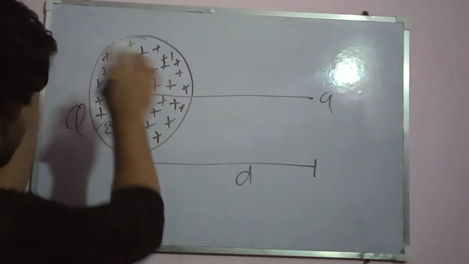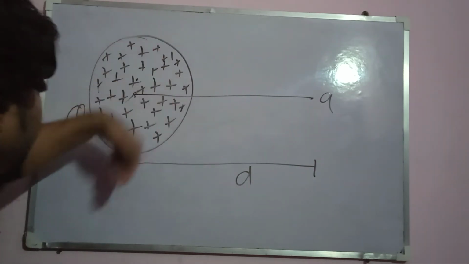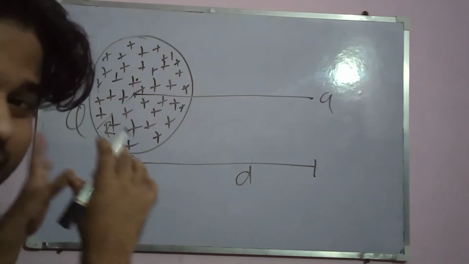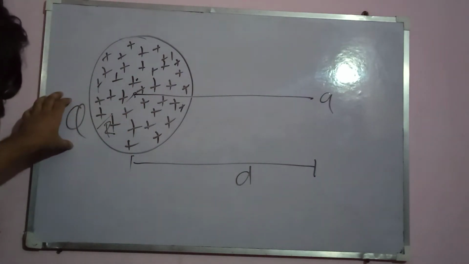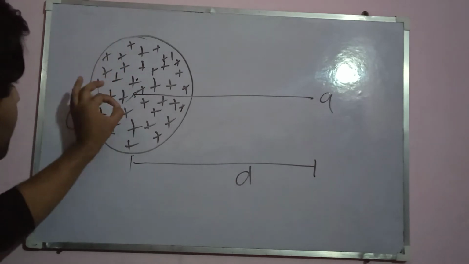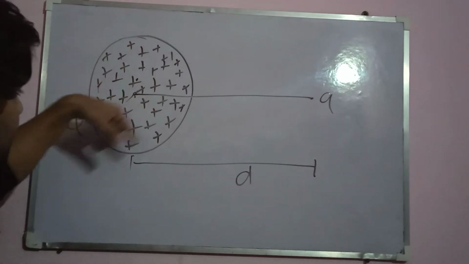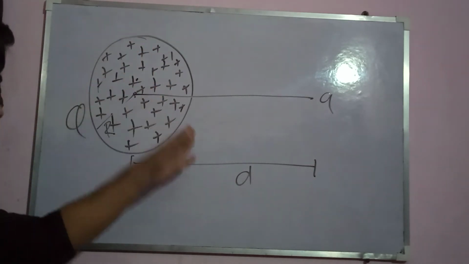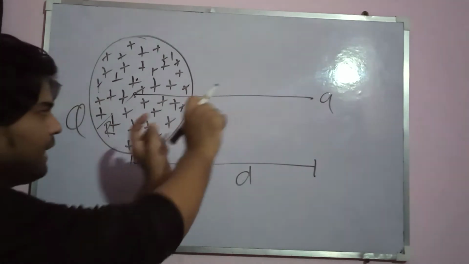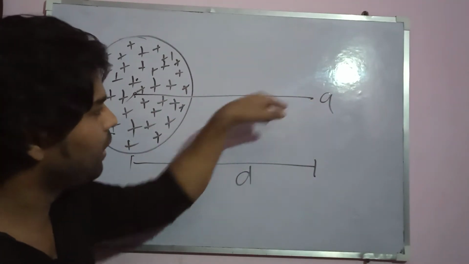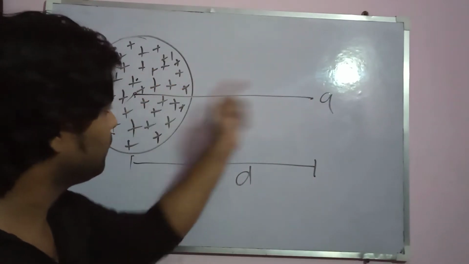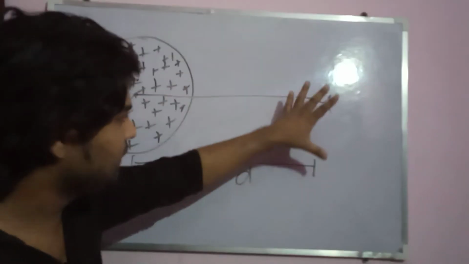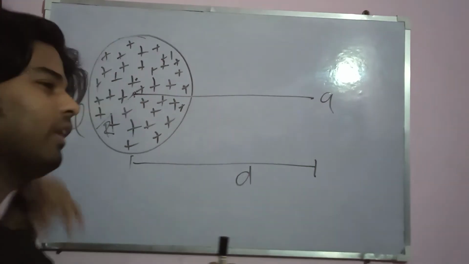The total charge over the sphere is Q, uniformly distributed inside this sphere. So if I remove this setup and put an infinite number of small point charges within the sphere from its center to surface, and take the resultant of all the forces by each individual charge here, I get the same value as I got earlier.